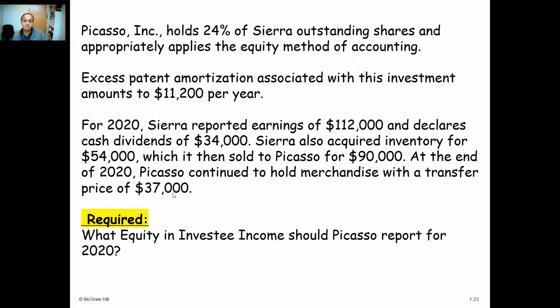At the end, Picasso continued to hold merchandise, which means out of this 90,000 inventory, 37 was still on the shelf and the difference has been paid. If the parent company doesn't sell all the inventory by the end of the year, the parent company must do some adjustment to the remaining inventory, whether it's upstream or downstream.